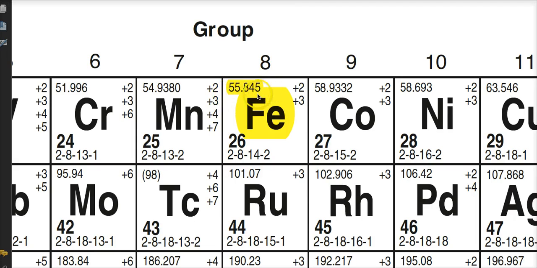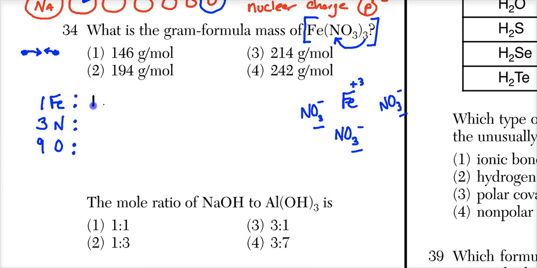So we're going to round this off to use the most abundant isotope. So 56 would be for 1 mole of iron. So I would go 1 times 56, and that gives me a grand total of 56 for all the irons.